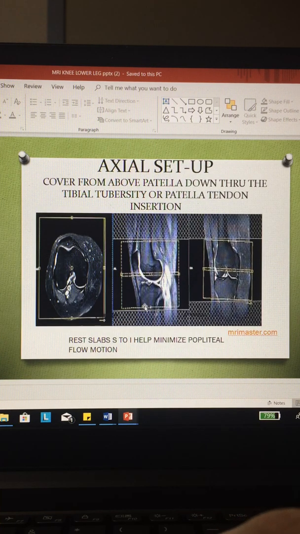So I make sure I get slices above the patella, and then I make sure I get slices at least to that tibial tuberosity, and that's my axials. My field of view is going to basically be the size of field of view to the knee you're scanning.